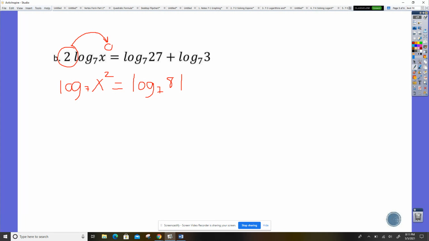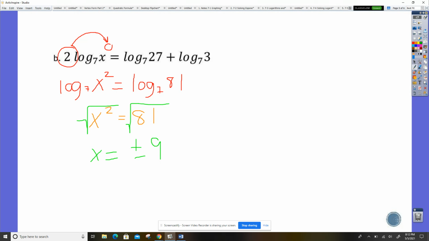Now, if you notice, I have logs with the same base on both sides, so I can solve this by getting rid of those logs. That leaves me x squared is equal to 81. Then I can just simply solve for x by taking the square root. And that gives me x is equal to plus or minus 9.